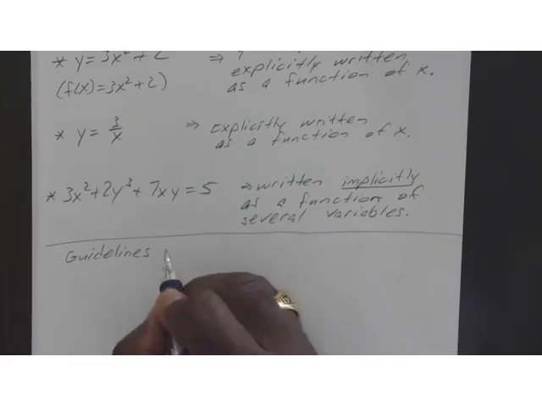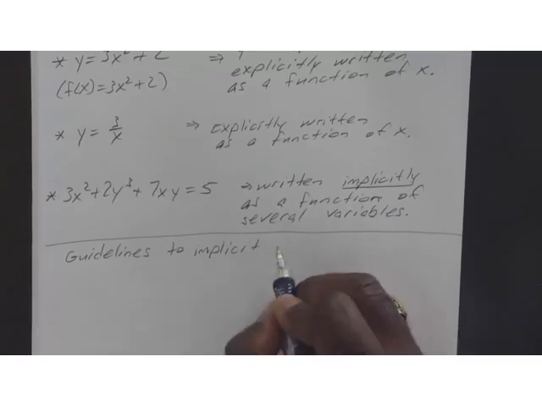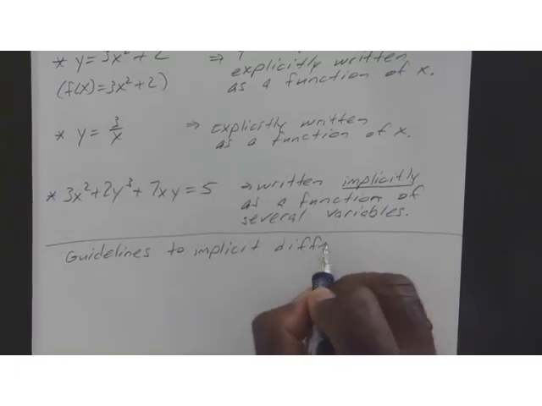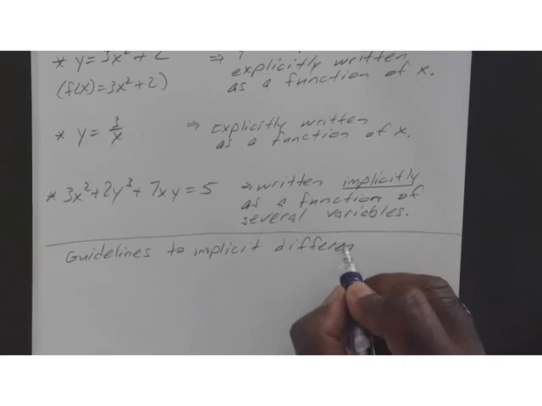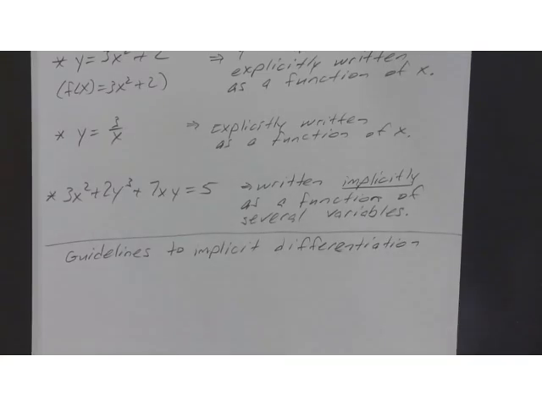And these are the guidelines to implicit differentiation. Again, these are just guidelines. If you have a method that you learned somewhere else that does not violate any laws of math and you want to use that one, you're more than welcome.